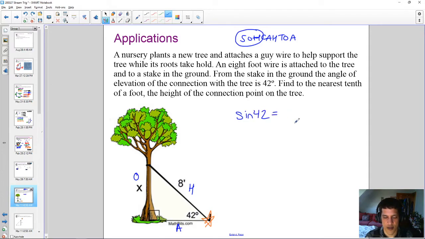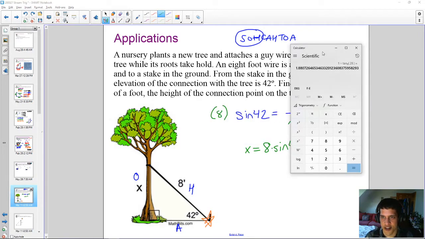Sine of 42 is equal to O, which is x, so x divided by h, which is 8. Boom. Now we need to find x, so we're going to just multiply by 8 on both sides. And we get x is equal to 8 times sine of 42.